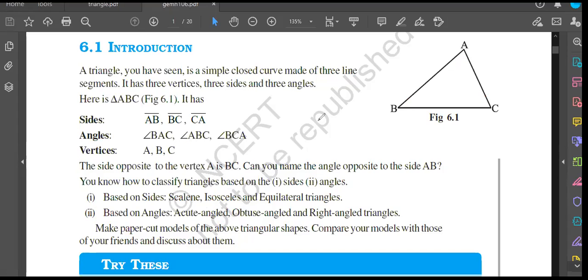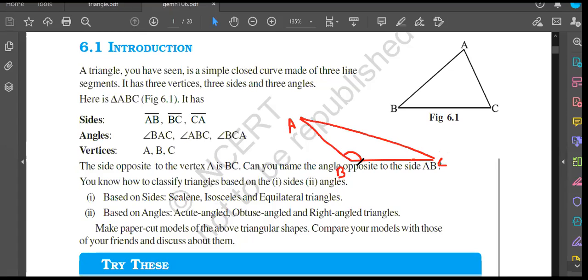Then we have obtuse angle triangle. Now just think about this, see this, A, B, C. Can I say that this is an acute angle triangle? No, right? Because if you see angle ABC, this angle is more than 90 degrees.